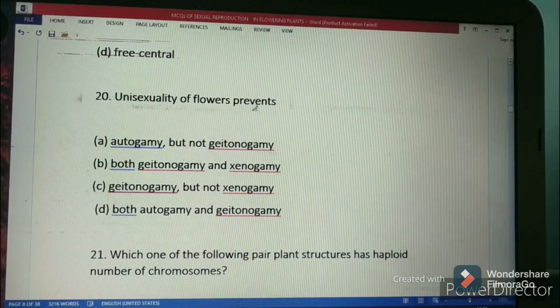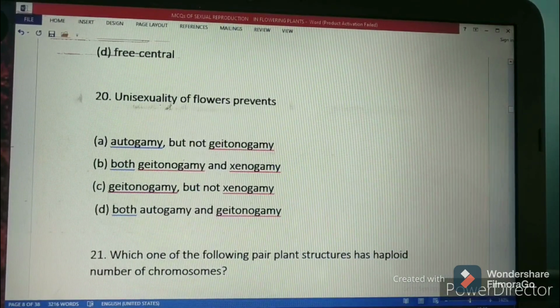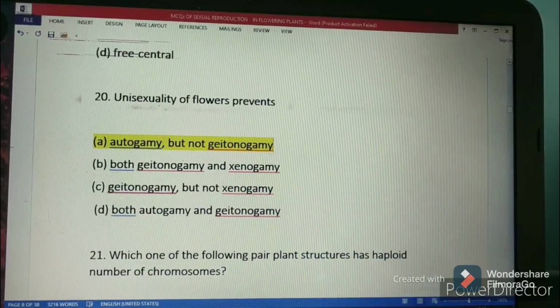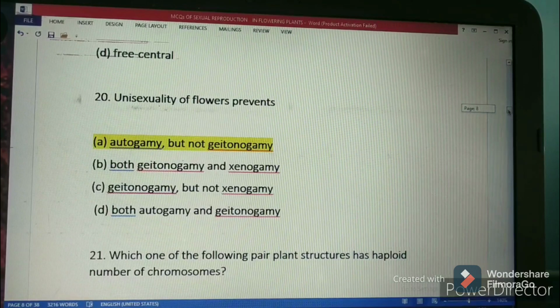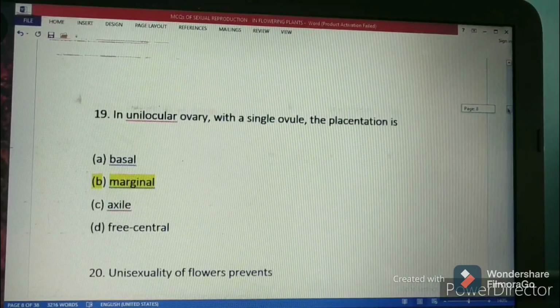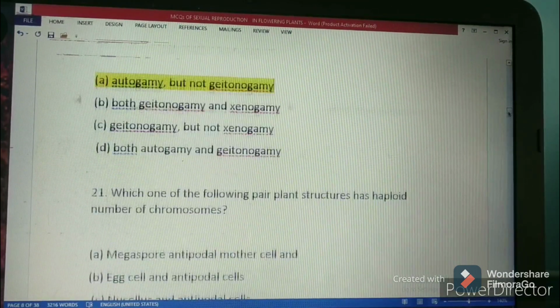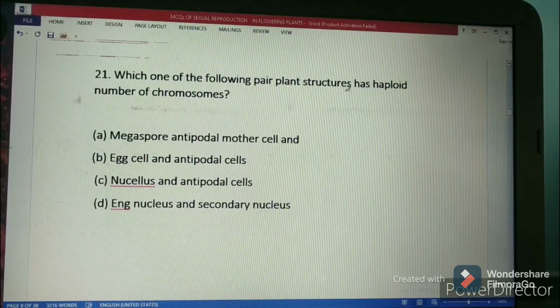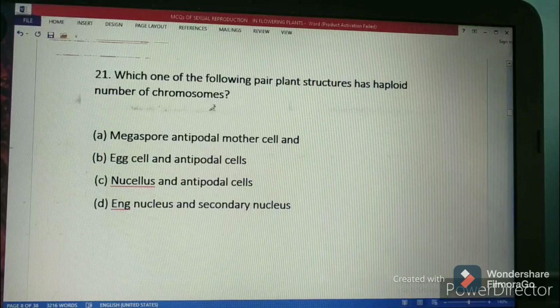Unisexuality of flowers prevents autogamy but not geitonogamy. Which one of the following pairs of plant structures has haploid number of chromosomes?